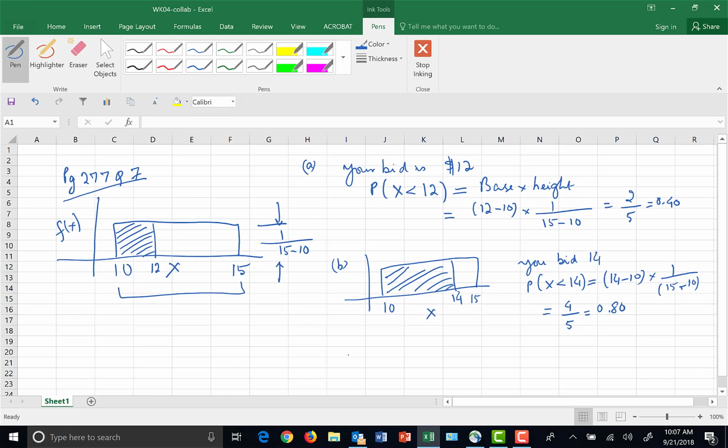And then part C says how much should you bid to maximize the probability that you will get the property.